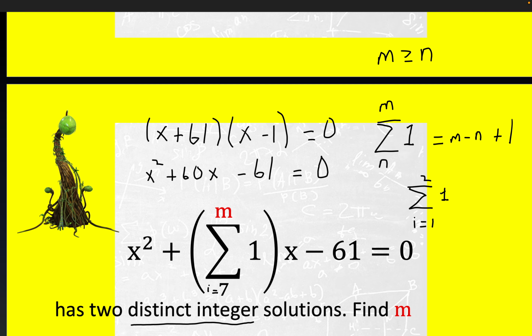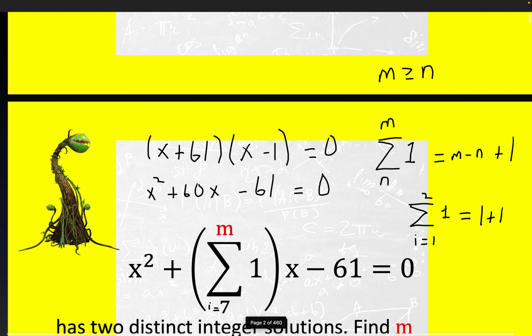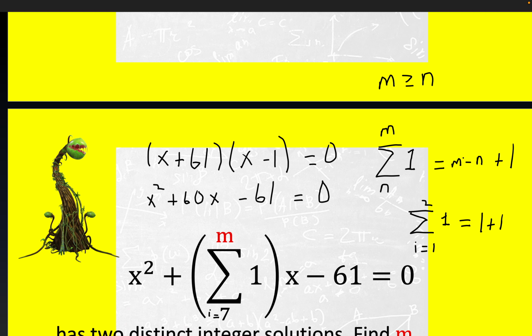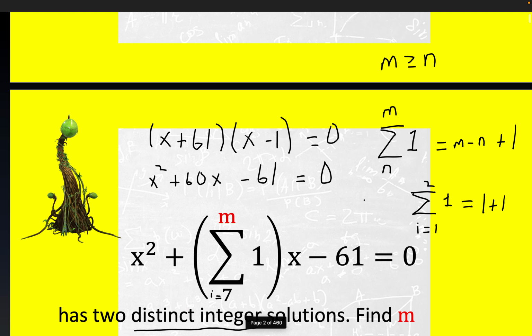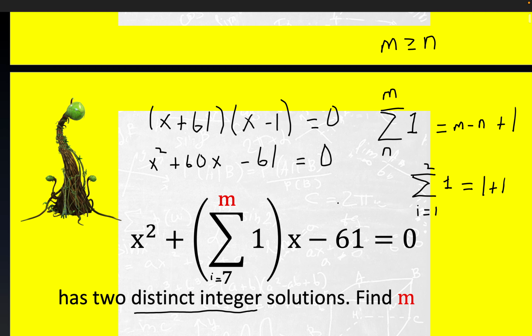It's tempting to say this would just be 1, right? But this is actually equal to 1 plus 1, which equals 2. So that's why you have to perform the subtraction and then add another 1, okay? Those of you who knew that, you probably already turned the video off, but if you don't know that, this problem might be somewhat of a challenge, okay?